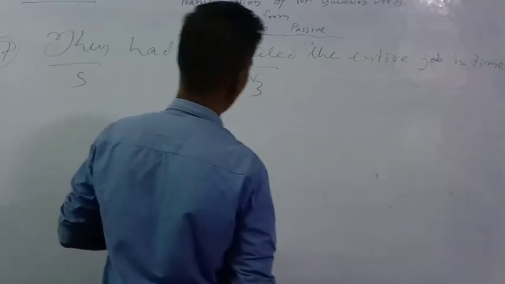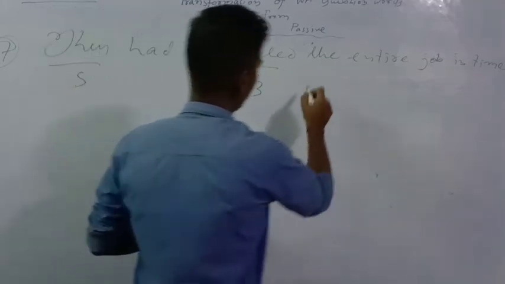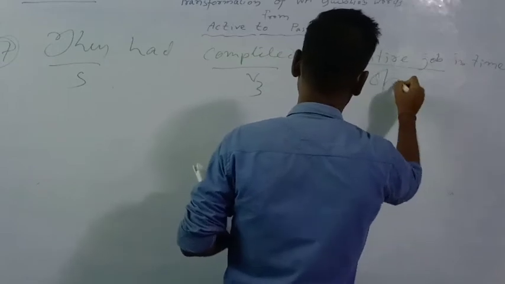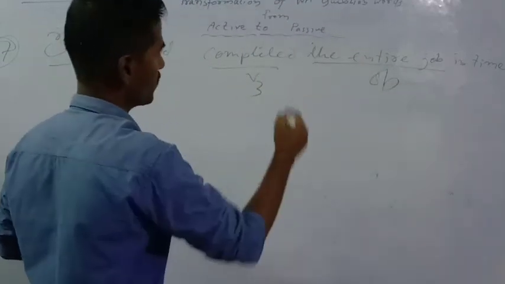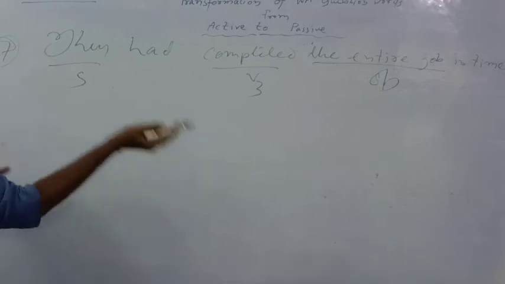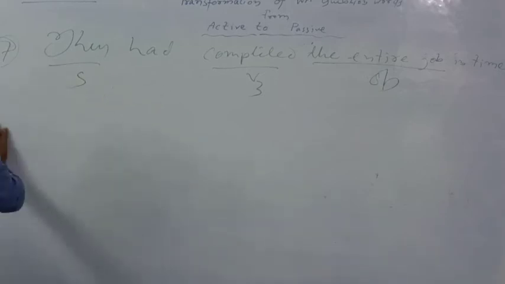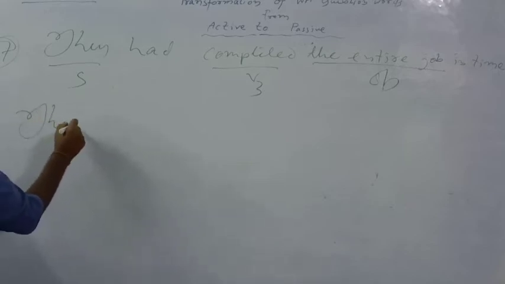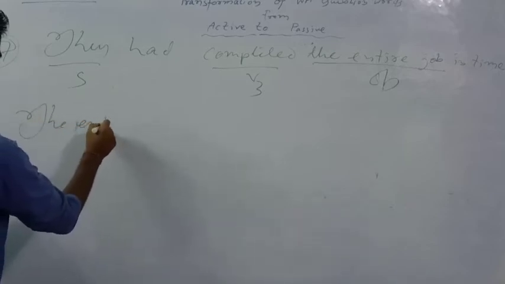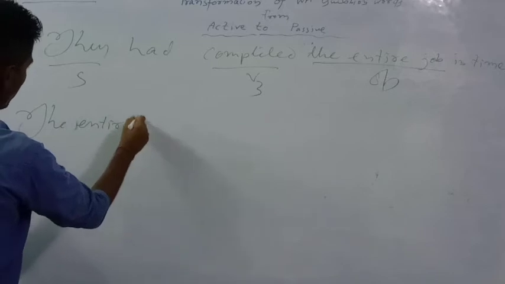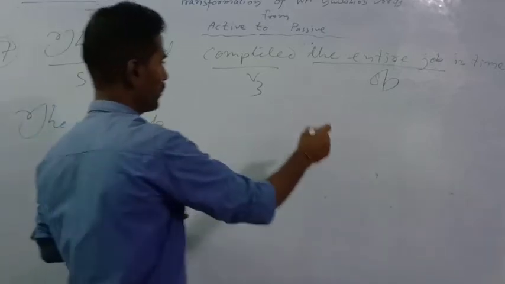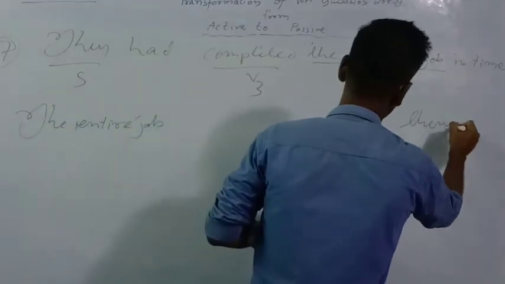What had completed? The entire job, that is the object. In time is the adverb. Interchanging of subject and object, so the passive verb will come. The entire job. They will go there, them.